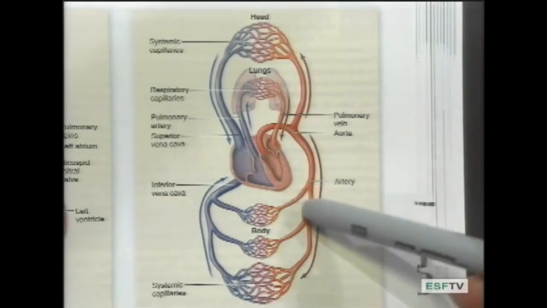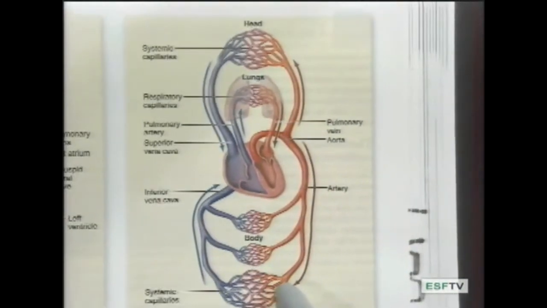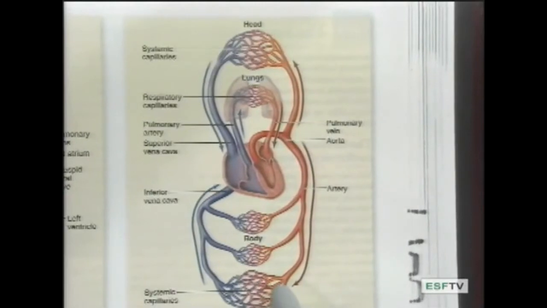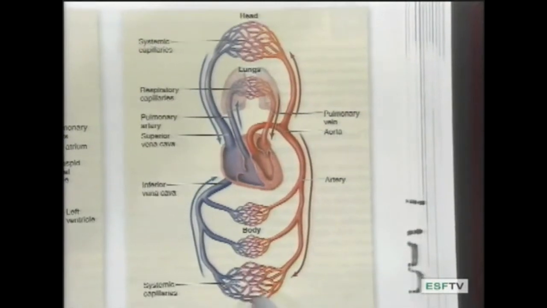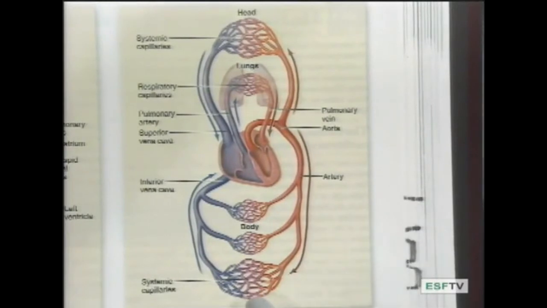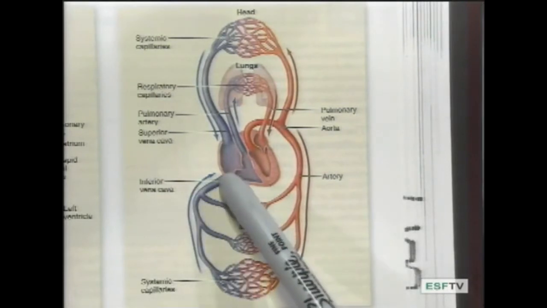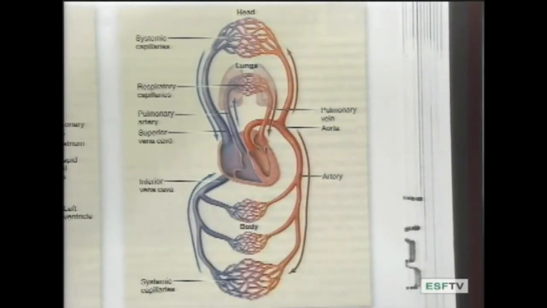When these arteries go down into the systemic circulatory system, they will eventually go into capillary beds. And it's in these capillary beds that you actually get the exchange of oxygen and the uptake of carbon dioxide. And again, these will return via the inferior and the superior vena cavas to the heart.